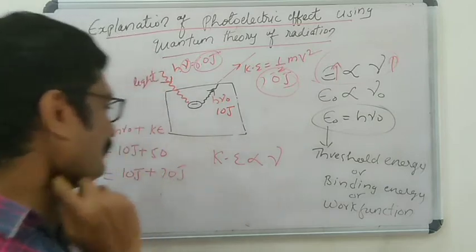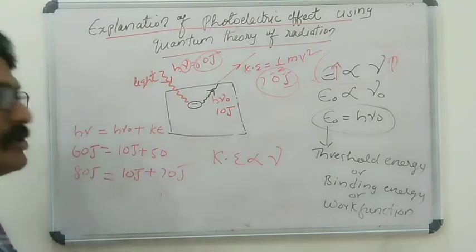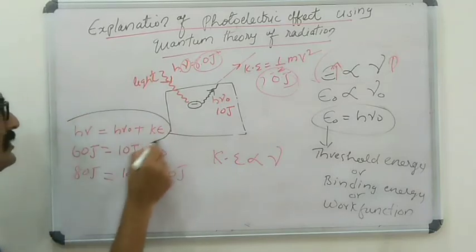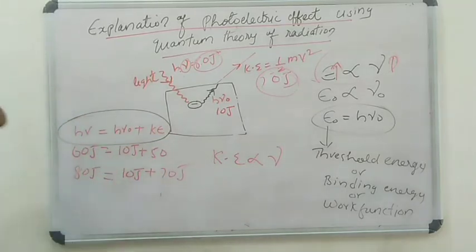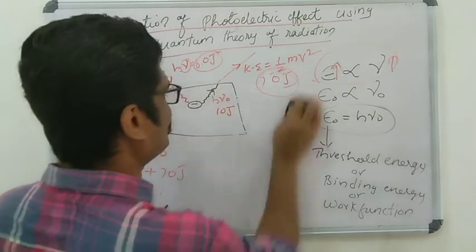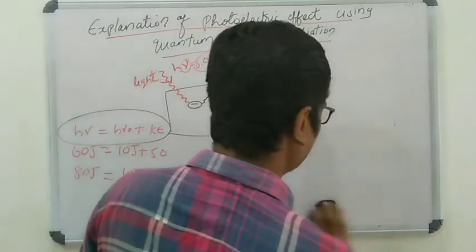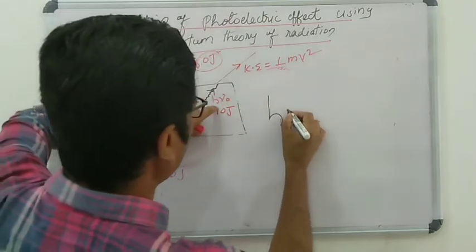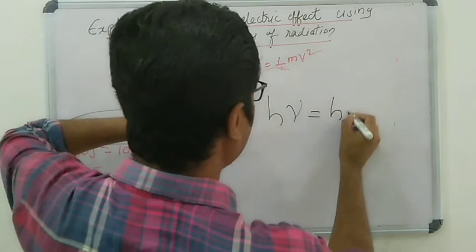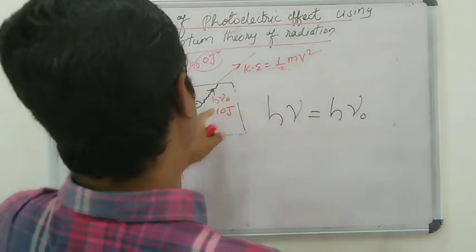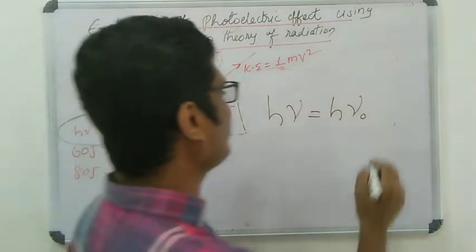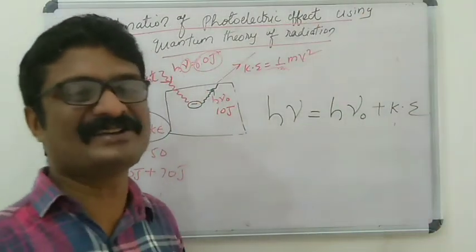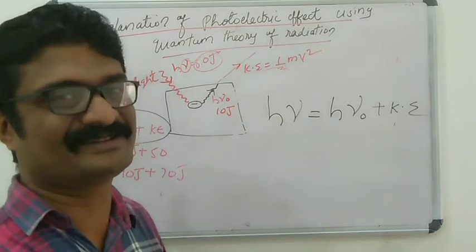Then we can derive a very important equation here. h nu is equal to h nu 0 plus KE, kinetic energy. h nu, the energy of the striking photon, is equal to the threshold energy of that metal plus the kinetic energy of the ejected electrons.